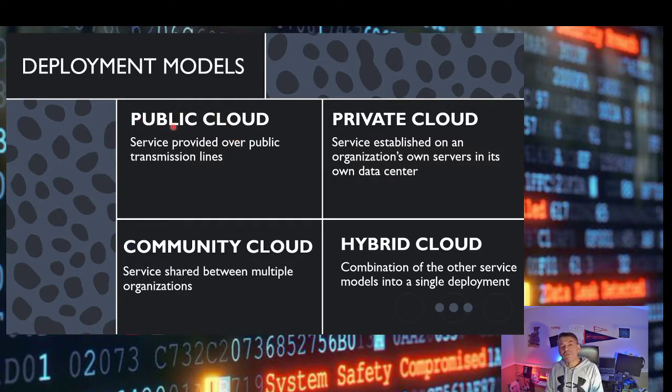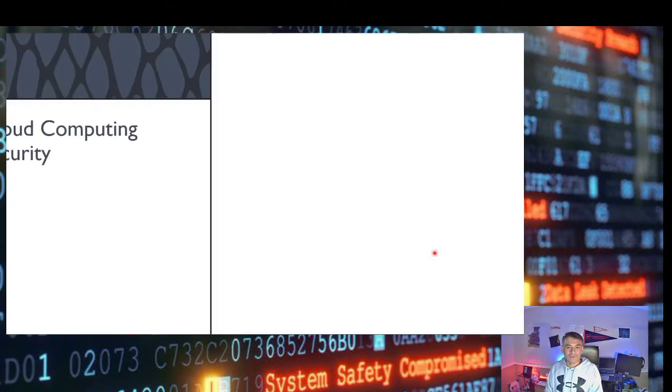But then they have another set of applications that are highly secure, and they choose to go with a private cloud model because of the security enhancements that are given by a private cloud setup. So in the case of a company that is using both public and private, they are in reality using a hybrid cloud model.